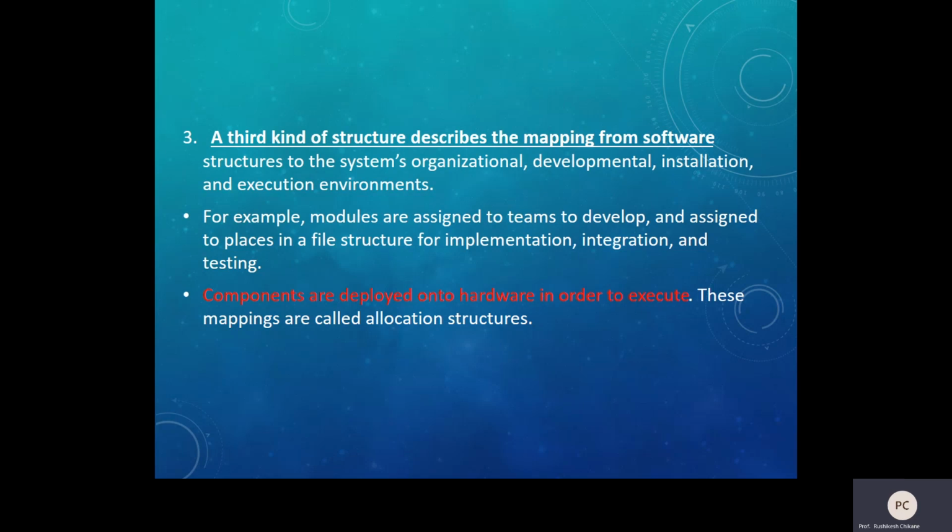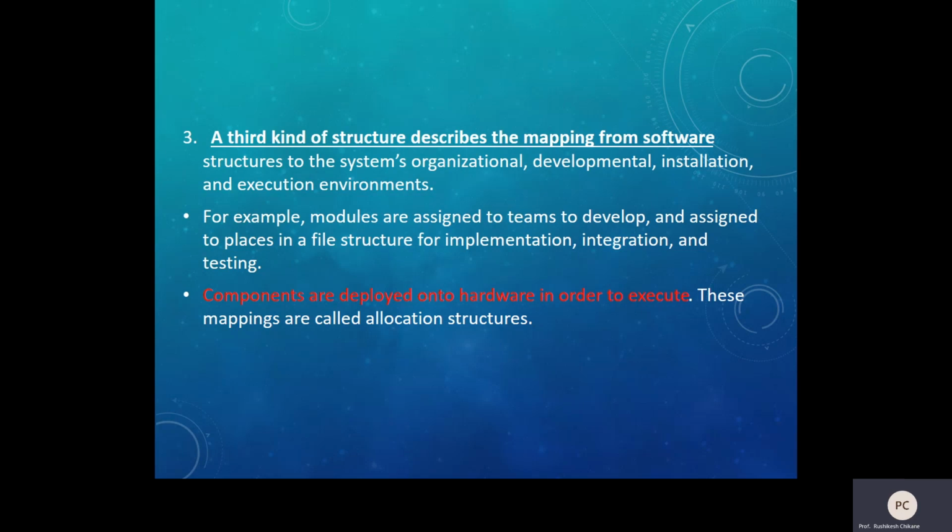Components are deployed onto the hardware in order to execute. These mappings are called the allocation structure. Whenever you want to execute your system, you have to install your software onto your computer system. When we say we are installing software on the computer system, we are actually deploying that software onto the hardware.